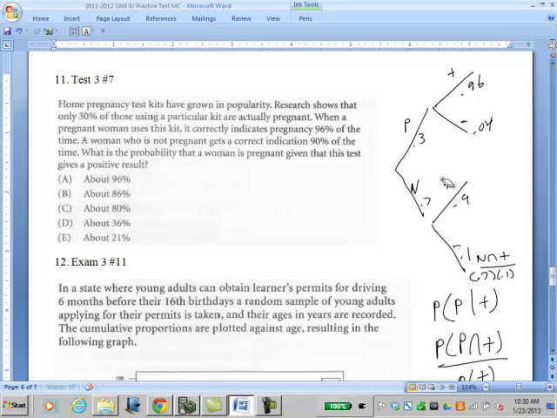I put the signs wrong. That's what I screwed up on here. It's confusing because not positive is 0.9 and positive is 0.1. All right, so this is not pregnant and positive, 0.7 times 0.1.